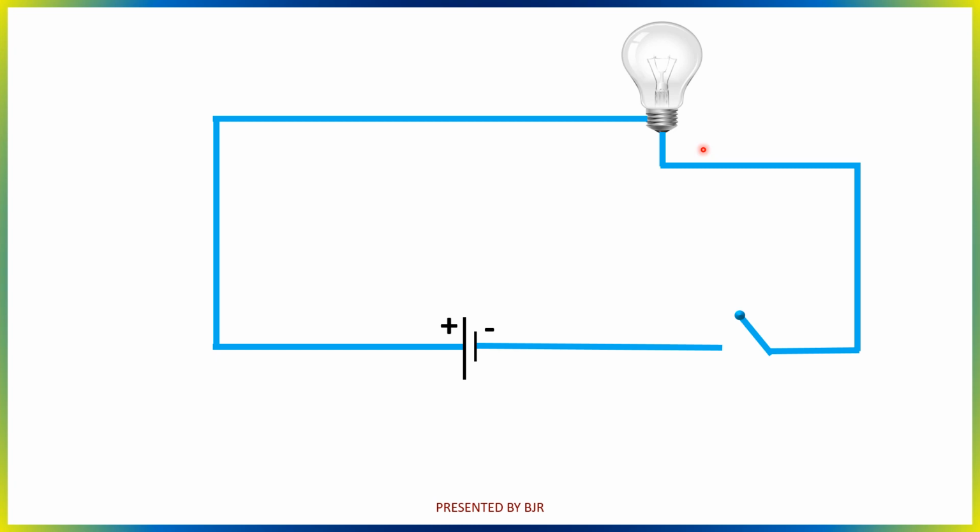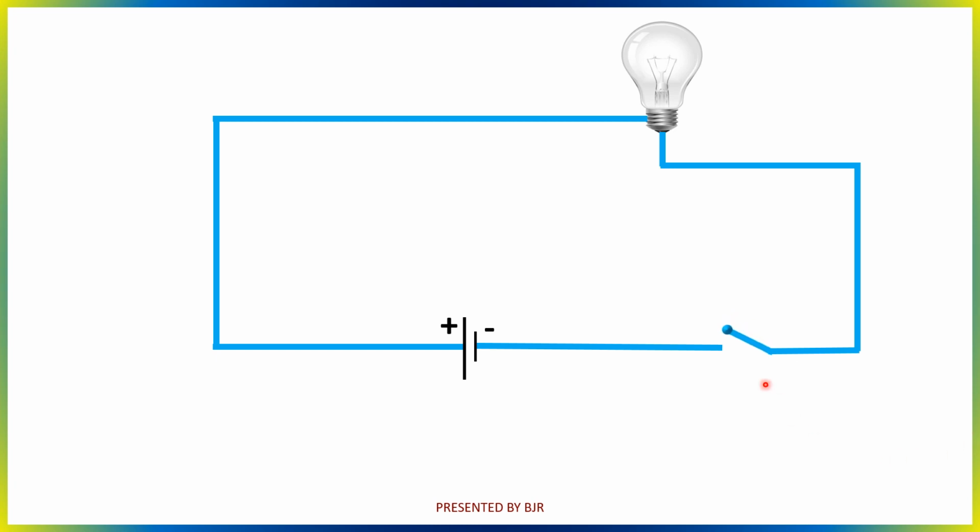For that reason, the bulb is not glowing. And in this case, I am going to show you both conventional current and electron current. Conventional current direction is from positive to negative terminal. Actually, in this conductor, only electrons flow. But we have to show the direction of the conventional current from positive to negative terminal.